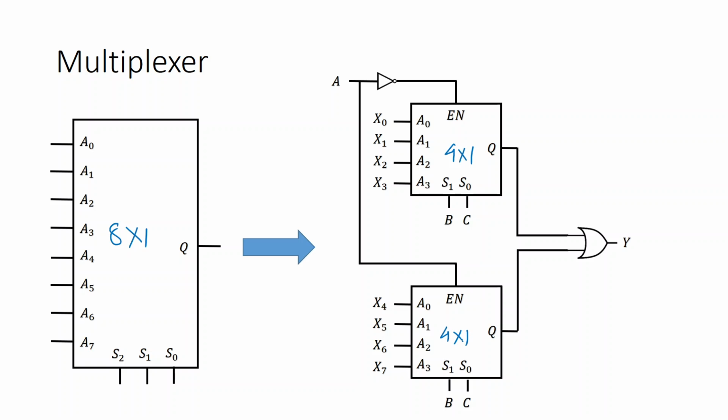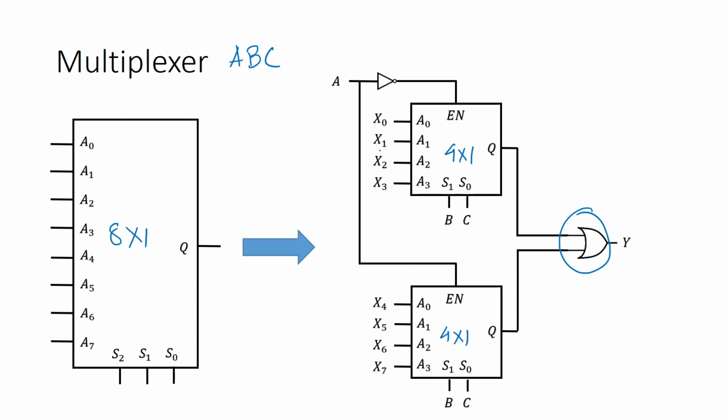This is the arrangement, and we use an additional OR gate. Let us read the circuit and verify ourselves how this is happening. So you see, these are the selection pins S1 and S0, and the selection input is ABC.